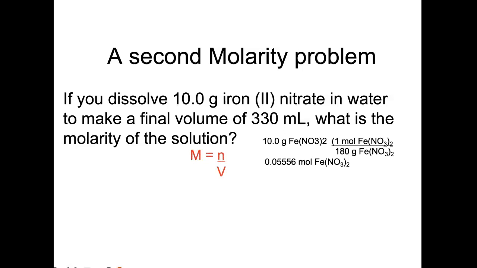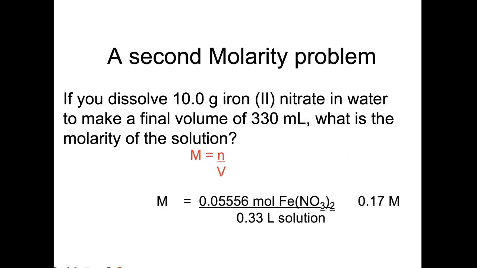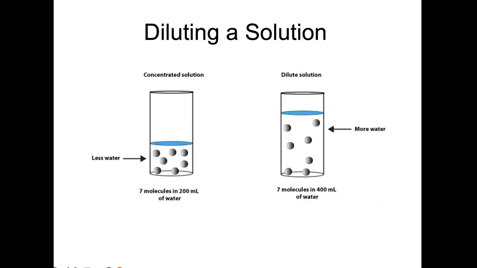Notice you've only got milliliters there, so you would have to convert that. And there you go. So you've got moles divided by liters, and that is going to equal your molarity, 0.17, rounded to two significant figures, since 330 only has two significant figures.